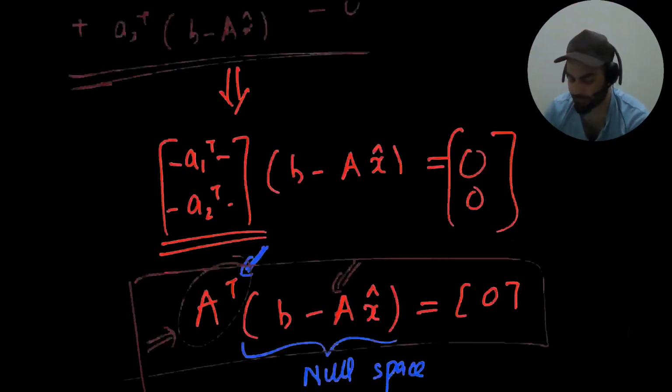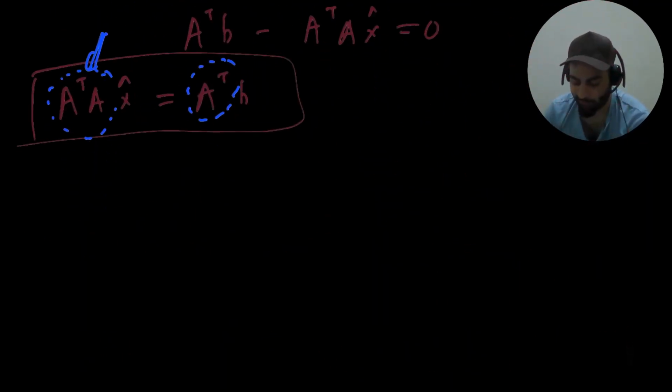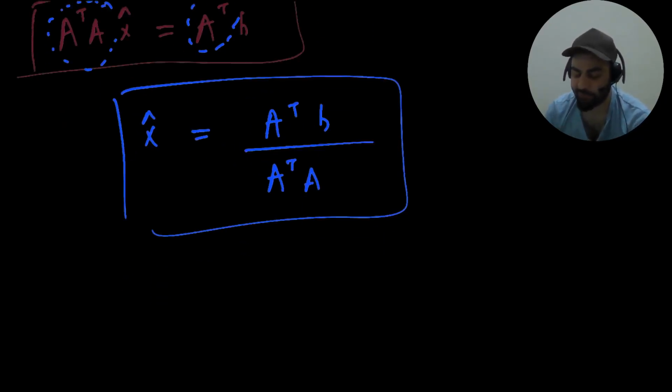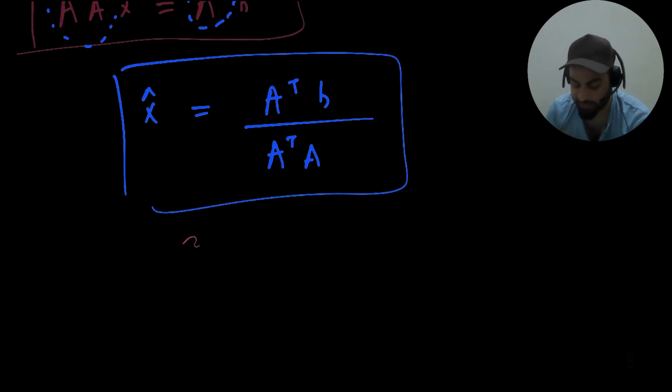Now if we want to find the value of this x hat, it will be equal to, just take A transpose B divided by A transpose A. This will be the value of x. So if I want to find the projection matrix, first I'll see the projection.